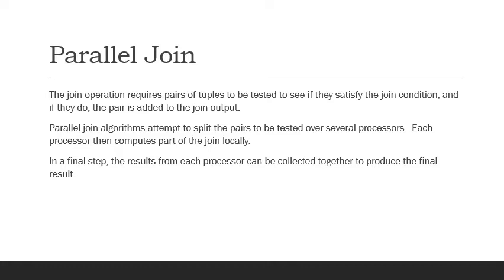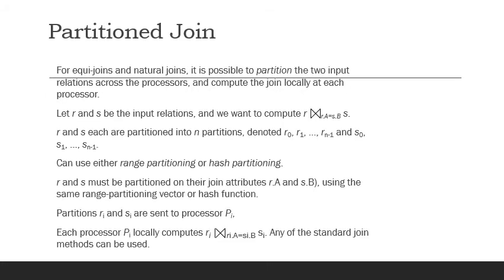The partition join. For equijoins and natural joins, it is possible to partition the two input relations across the processors and compute the join locally at each processor. Suppose that we are using n processors and that the relations to be joined are R and S. Partition join works this way.